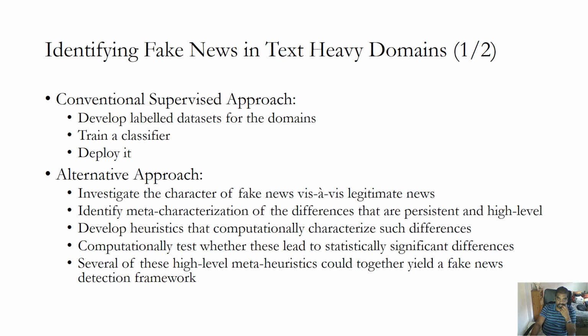The alternative approach is to take a more domain-heavy approach to investigate the character of fake news against legitimate news and identify meta-characterizations of the differences that are quite persistent across a broad spectrum of fake news and also quite high level. We develop heuristics that computationally characterize such differences and computationally test whether these lead to statistically significant differences. If you come up with several of these high-level meta heuristics, they could be batched together to form potentially a fake news detection framework.